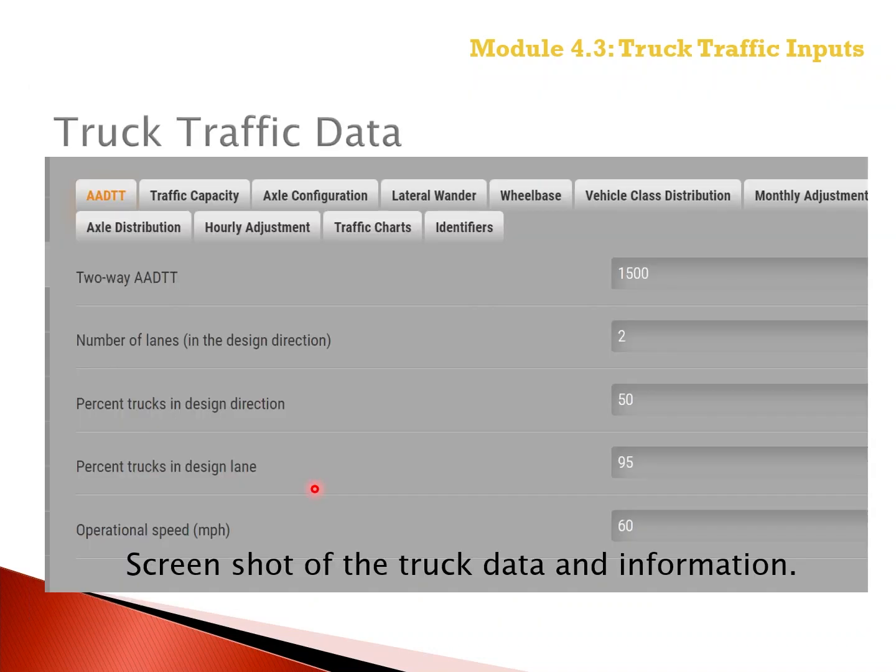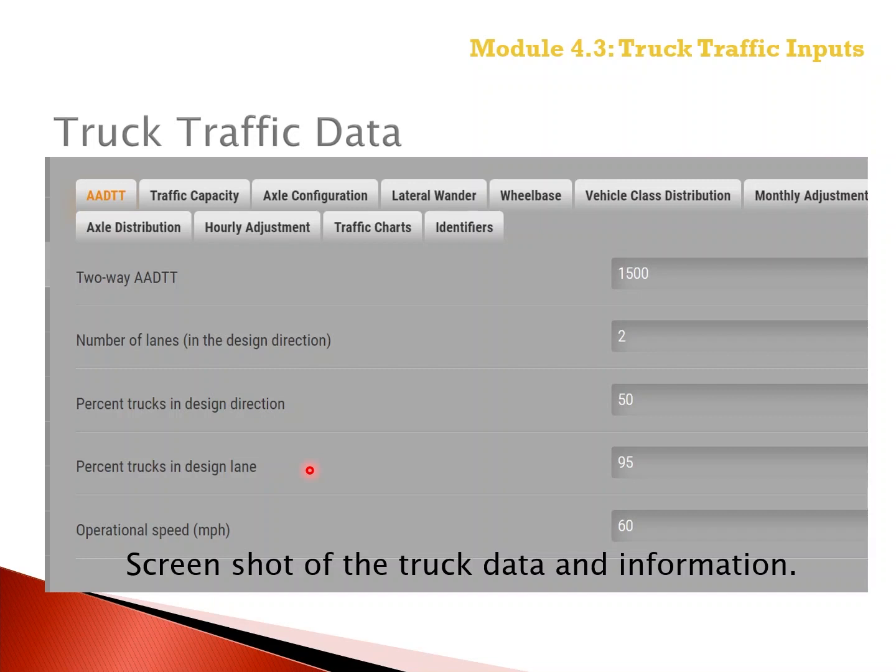Now, this is a screenshot of the truck traffic data used by the Pavement ME Design software. The truck traffic is divided into multiple tables or tabs regarding truck volume, magnitude, and distribution, truck weight, axle configurations, the lateral distribution of trucks, and other input variables that are needed for mechanistic-empirical pavement design.